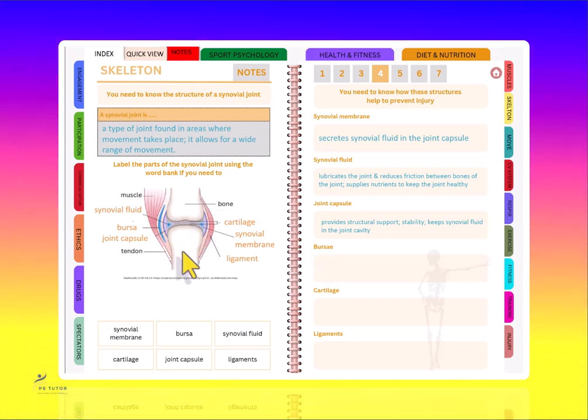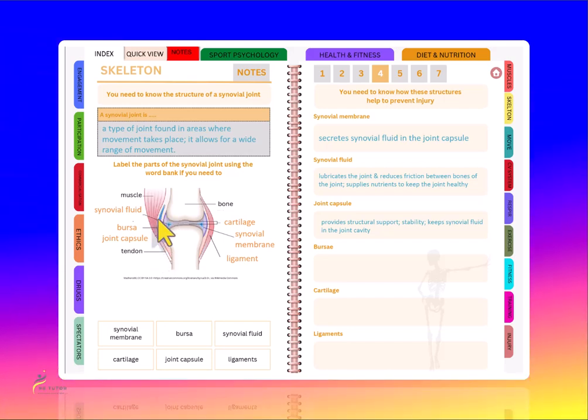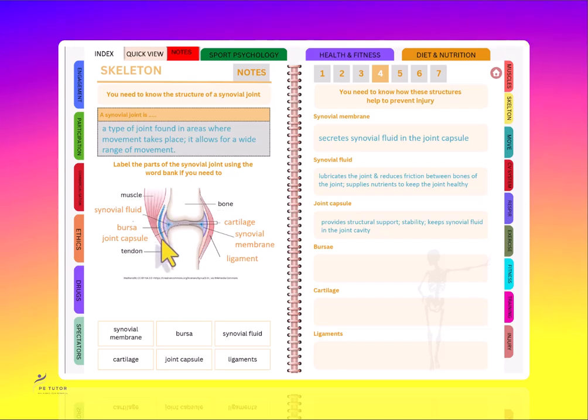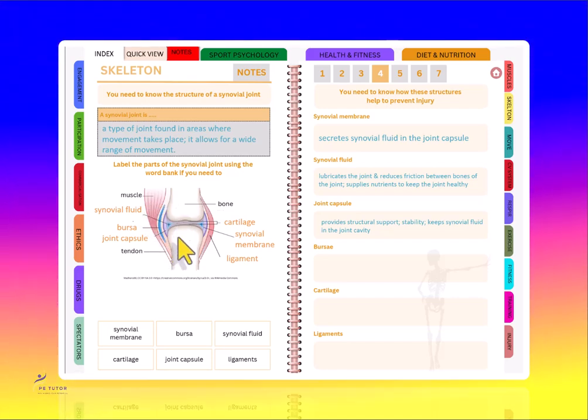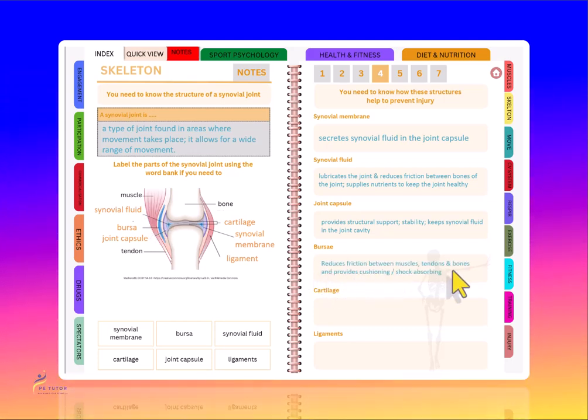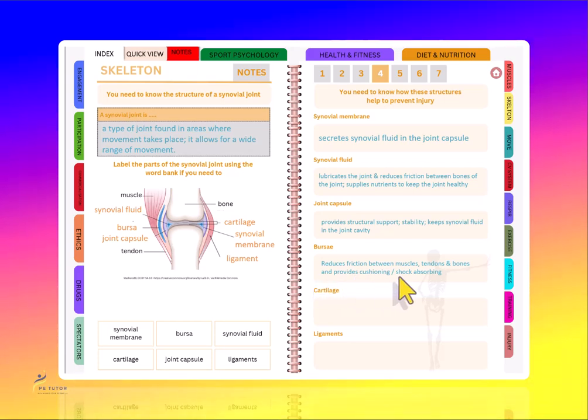Now the bursa, remember we said it was this cushiony object over here, and you can see where it's positioned. It's positioned between the muscle and the bones, and you've got tendon down here. So you've got tendon and muscles, then the bursa, then the bone. So the bursa's role there is to reduce friction between the muscles, the tendons and the bones, and provide cushioning and also shock absorbing.